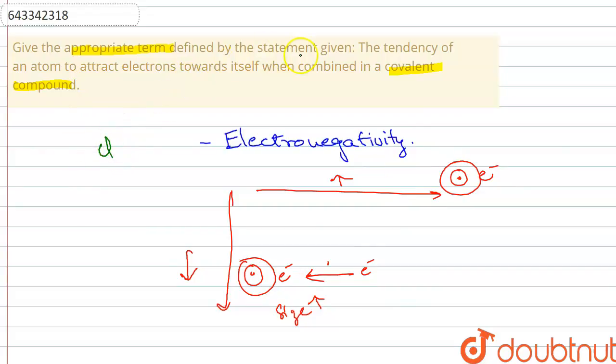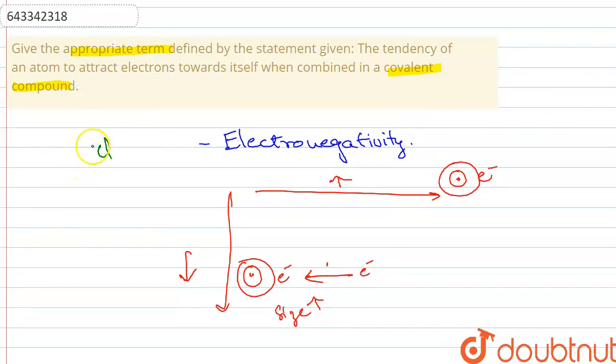Here they are saying the tendency of an atom to attract electrons toward itself when combined in a covalent compound. So if you combine this chlorine with hydrogen to form HCl, they share 2 electrons in this bond.